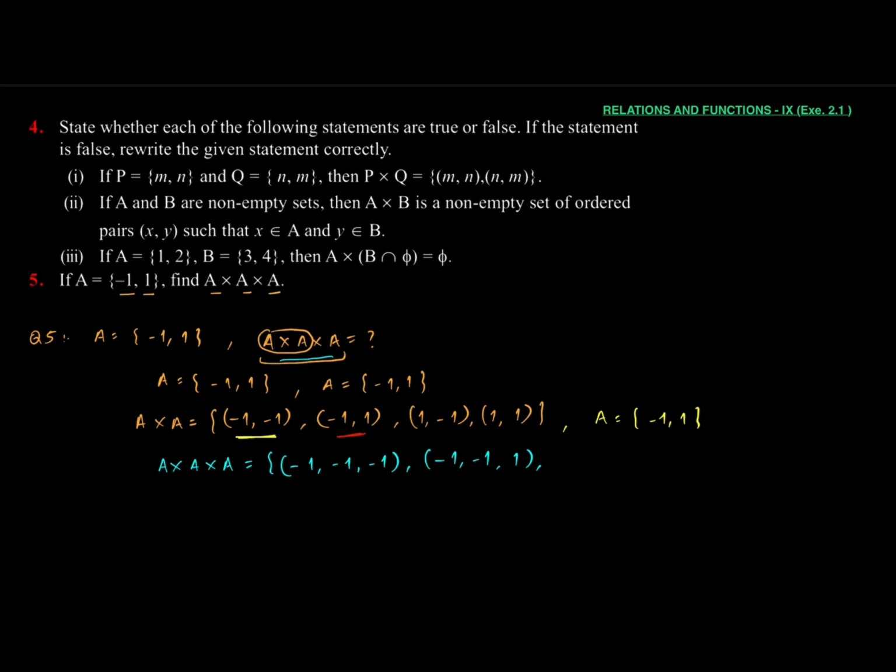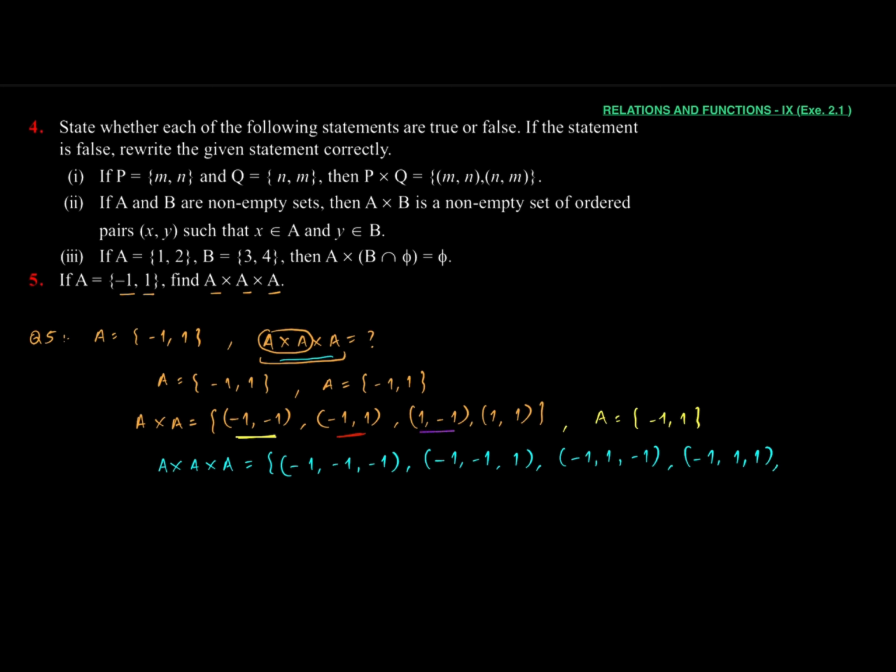Now let us take this very element and form ordered triplet with each element of set A. So the next element will be -1, 1 and -1, which means this very part and this very part. The fourth element will be -1, 1 and 1, which means this very part and this part.